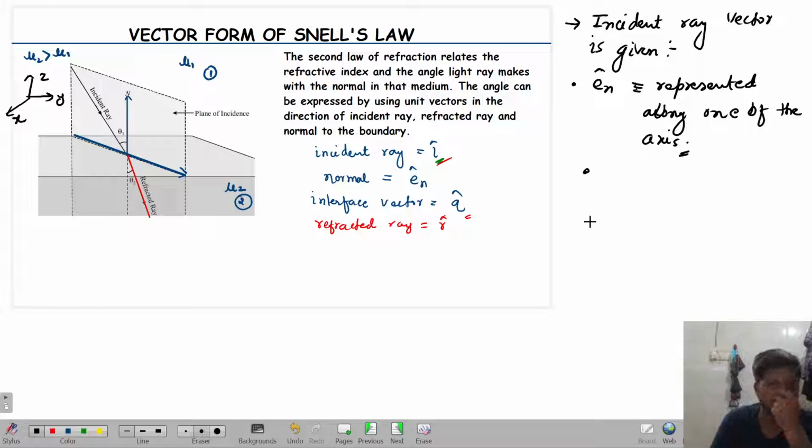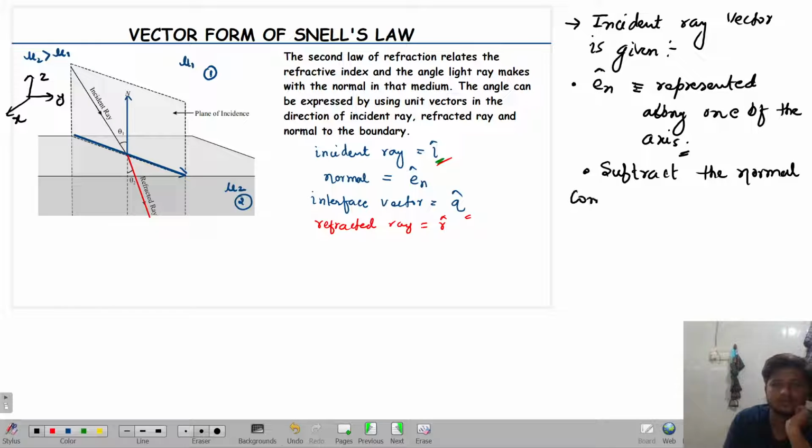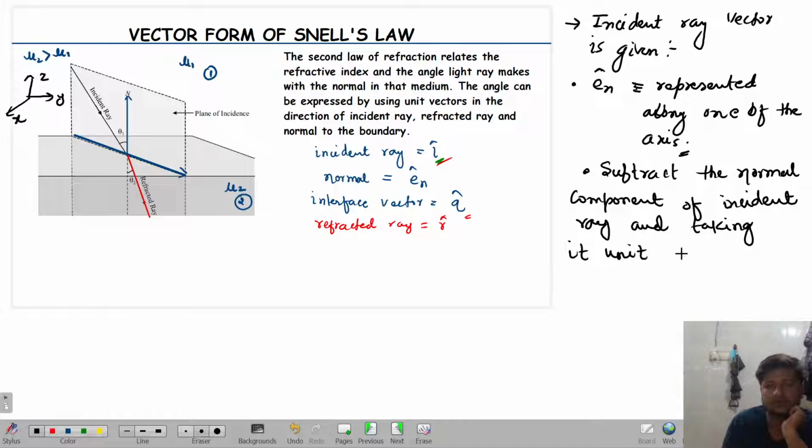If it is perpendicular, then if you subtract the normal component of the incident ray and take its unit vector, that will give the direction of the interface. The direction of the interface. Are you able to get me or not?